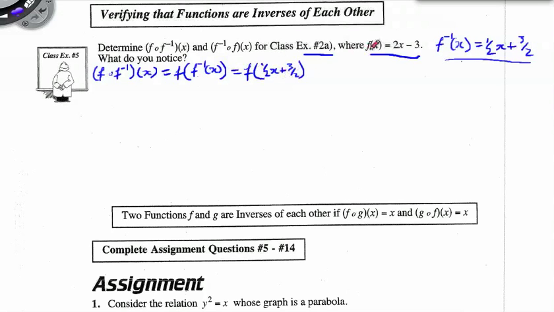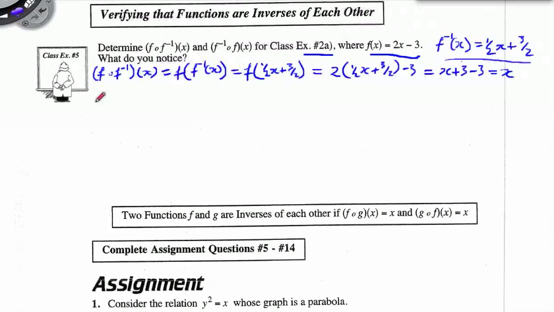So this value goes in here and in here. Okay, so we will now take this and plug it in here, so we get 2 times all of this. And don't forget the negative 3. So multiplying the brackets out, we get x plus 3 minus 3 equals x.